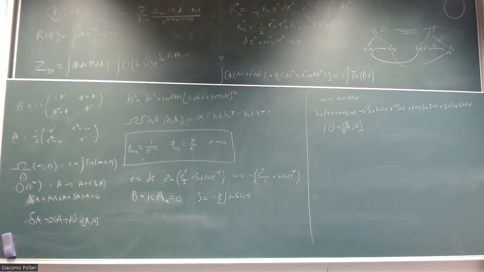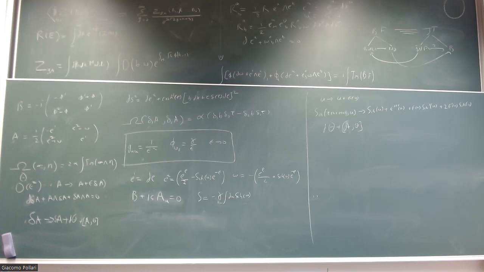I mean, delta A is a one form in this space. Yes, it is. So you say that the one form can change with the gauge transformation. Yes, that is the thing. This one form can change.